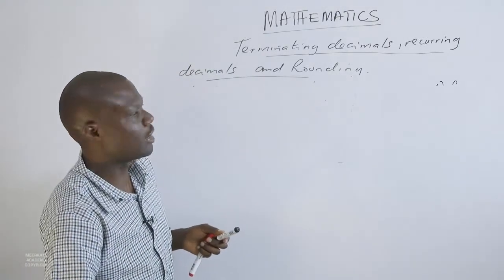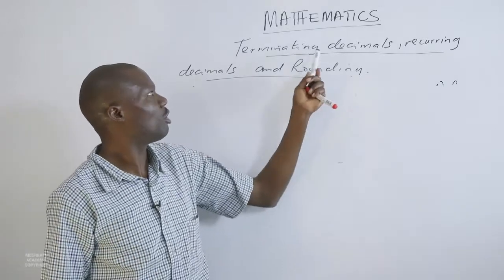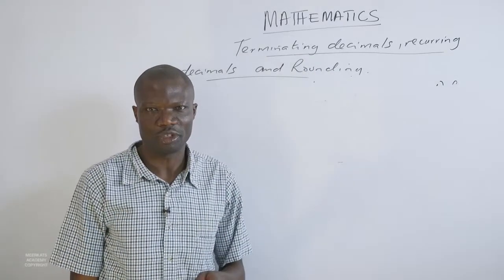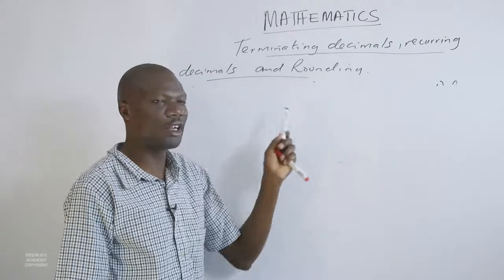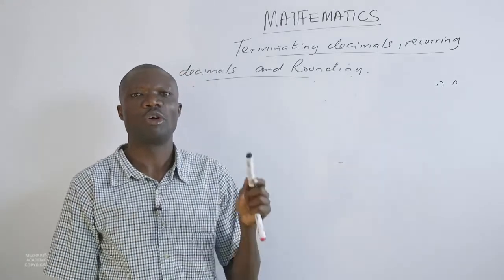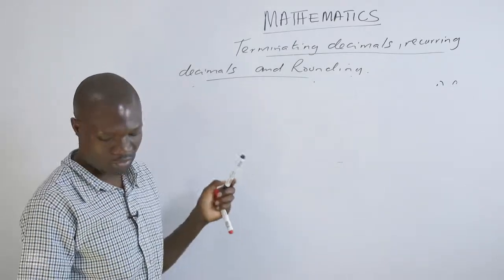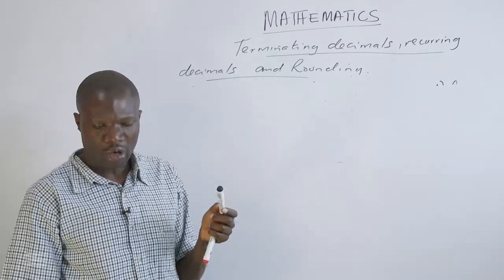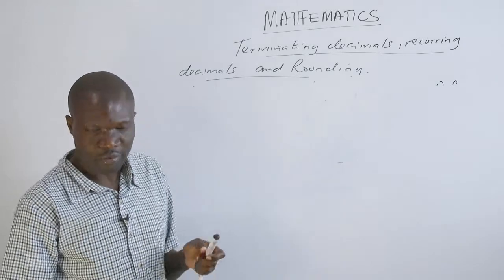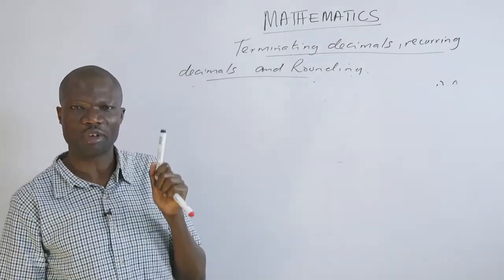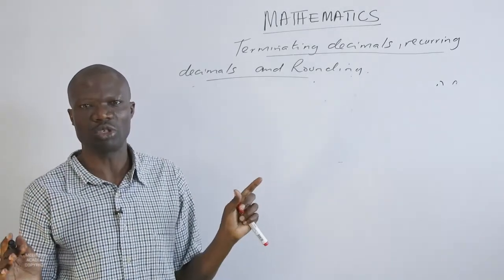I want to say that all the terminating decimals and all the recurring decimals can be converted into a fraction. All numbers are expressed as fractions. That is something we should note.